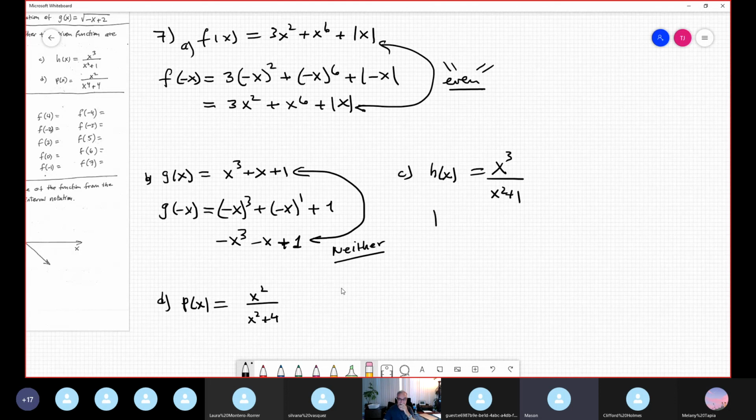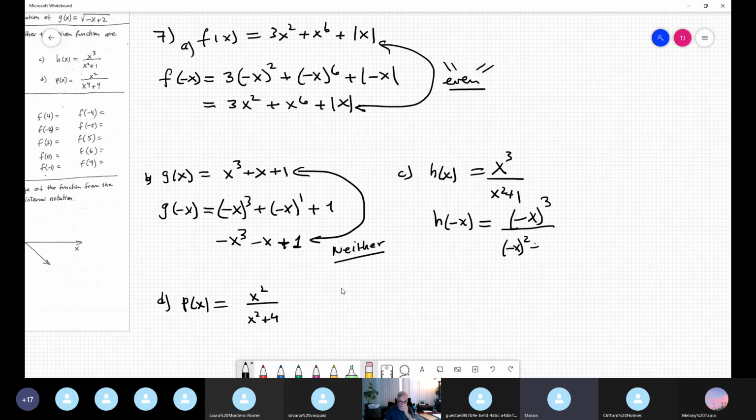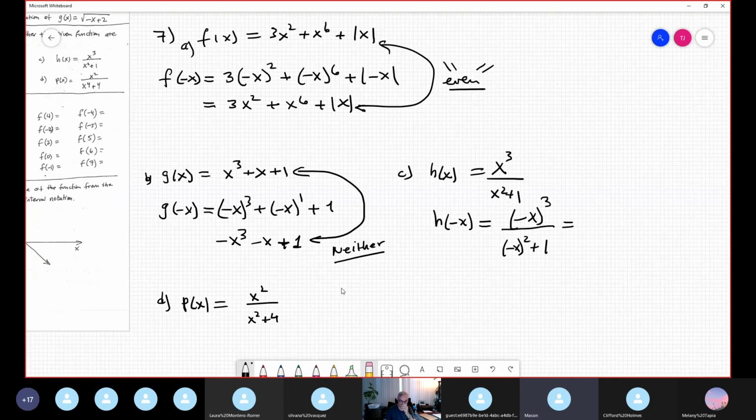This is very, very confusing. Pay attention, please. Surprise. It's negative x cubed divided by negative x squared plus 1. You know that when the exponent is odd, it's negative, and when the exponent is even, it's positive. However, listen, to make a decision, it's not even, because you have one extra negative.